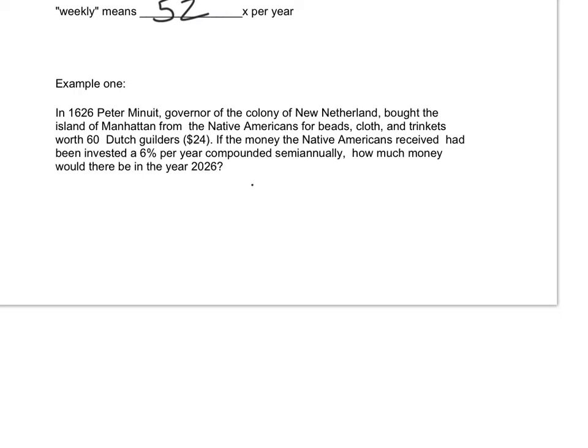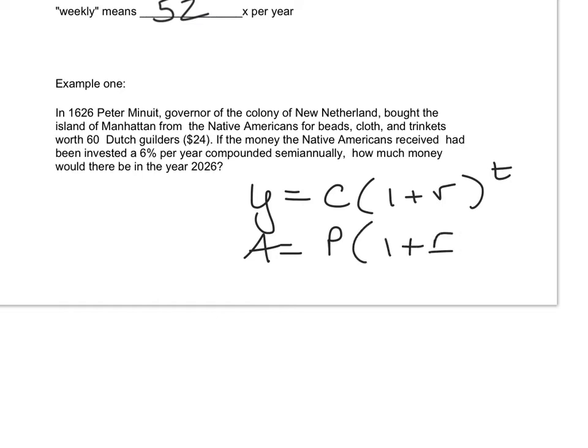So first, I always start off with this particular formula, which we should train ourselves to start using. So we're going to look at all of the information that they have given us. First, we know what the principal is, the starting amount.